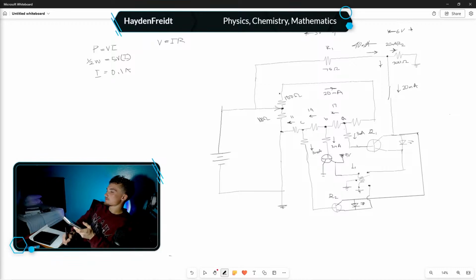If this is at 100 ohms and I want 20 milliamps, then this is going to have a 2 volt drop across it.